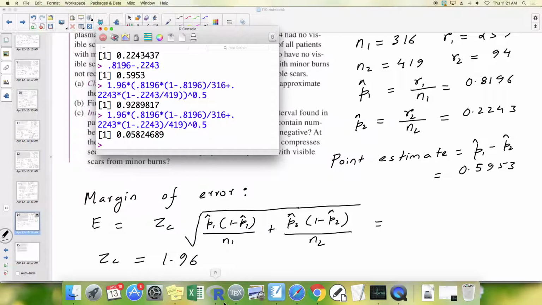That's why. Okay. So anyway, what I've written now looks correct. So your margin of error E is 0.0582.